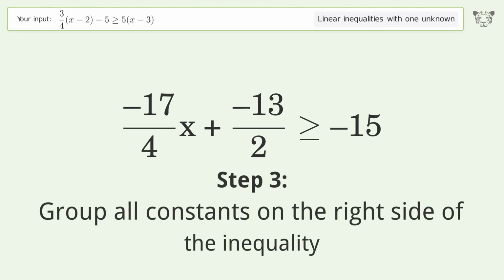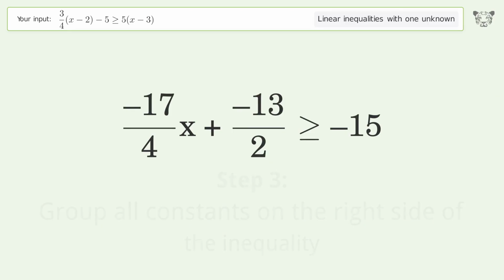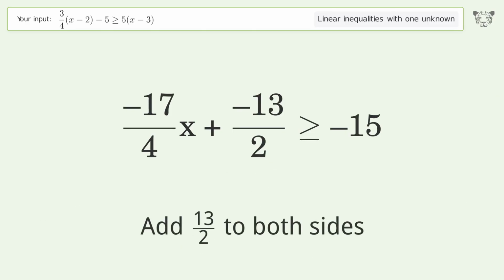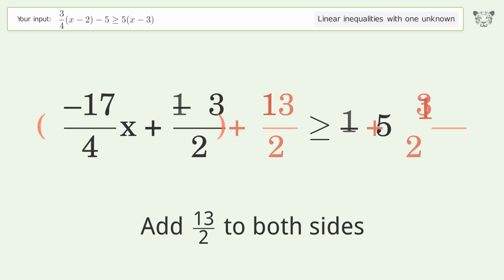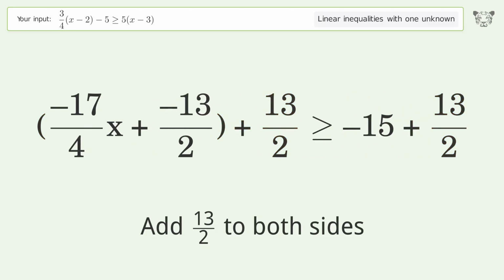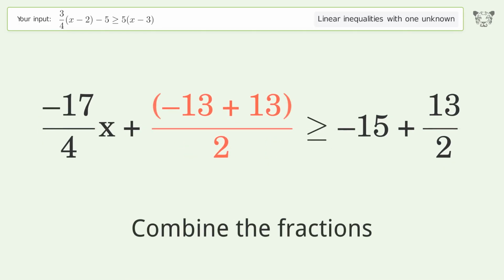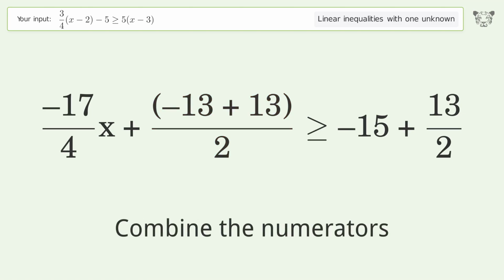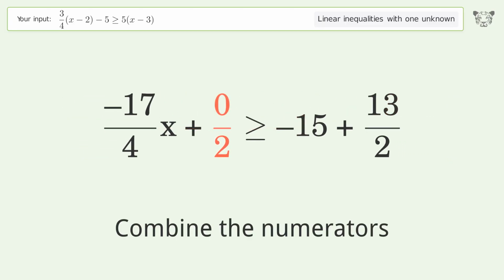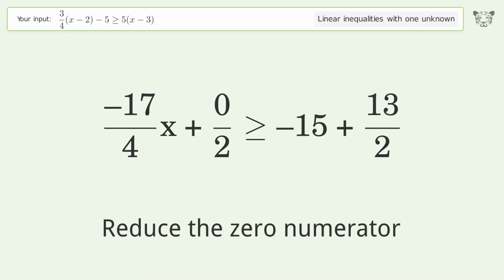Group all constants on the right side of the inequality. Add 13/2 to both sides. Combine the fractions. Combine the numerators. Reduce the zero numerator.